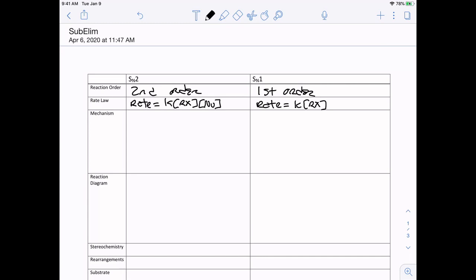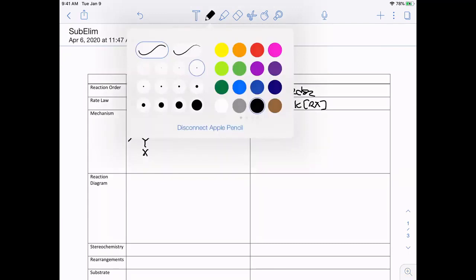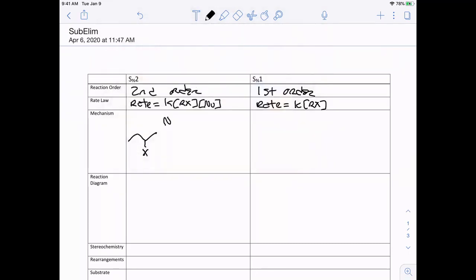So if I draw an alkyl halide on here, I'm just going to use X, and let's move it a little bit more towards the middle. I really didn't give us a ton of room here. And then I have my nucleophile, and what's going to happen is that nucleophile is going to add at the same time that the leaving group is leaving, right?